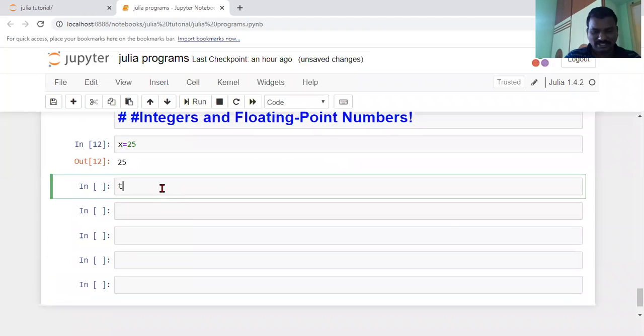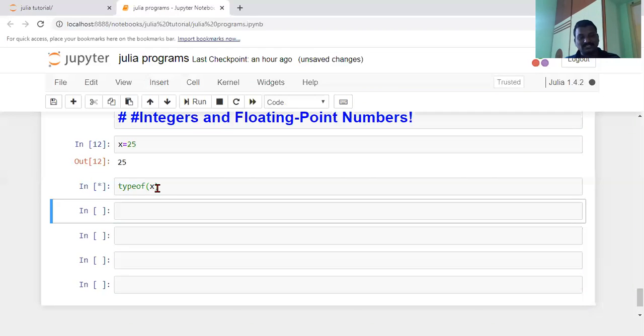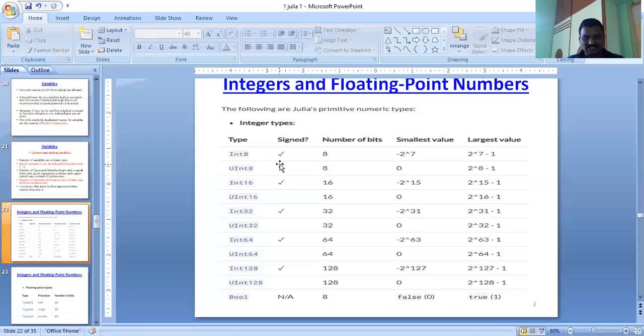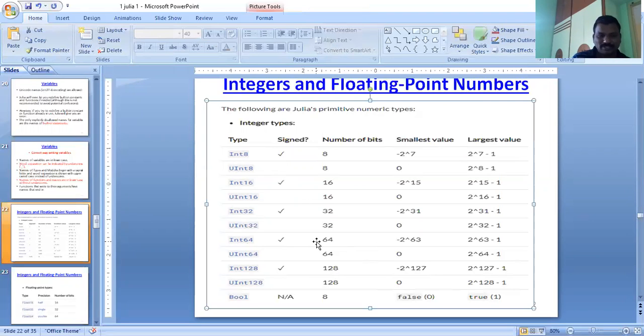Now I am taking the type of x. Execute this: the type of x is Int64. Why is it giving 64? Because our system is a 64-bit computer, so the type of the value here is 64-bit.